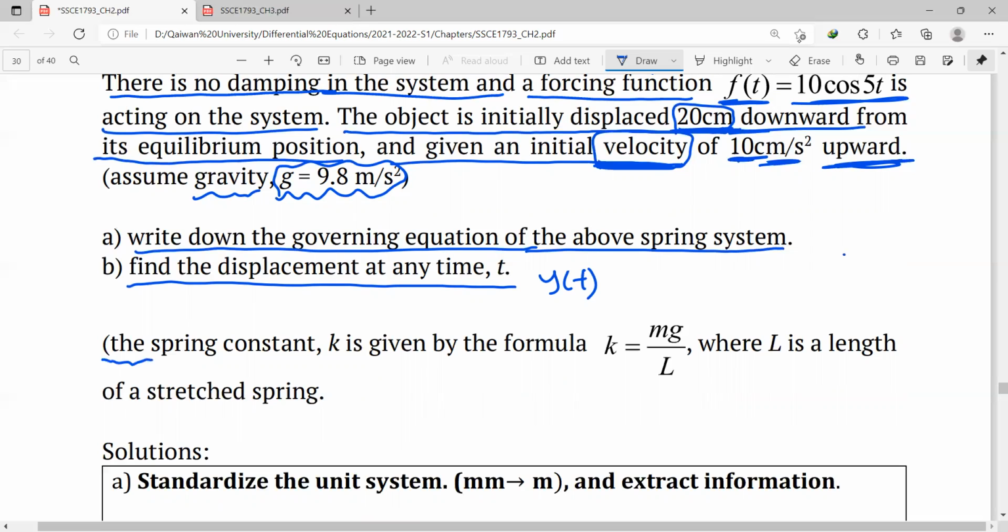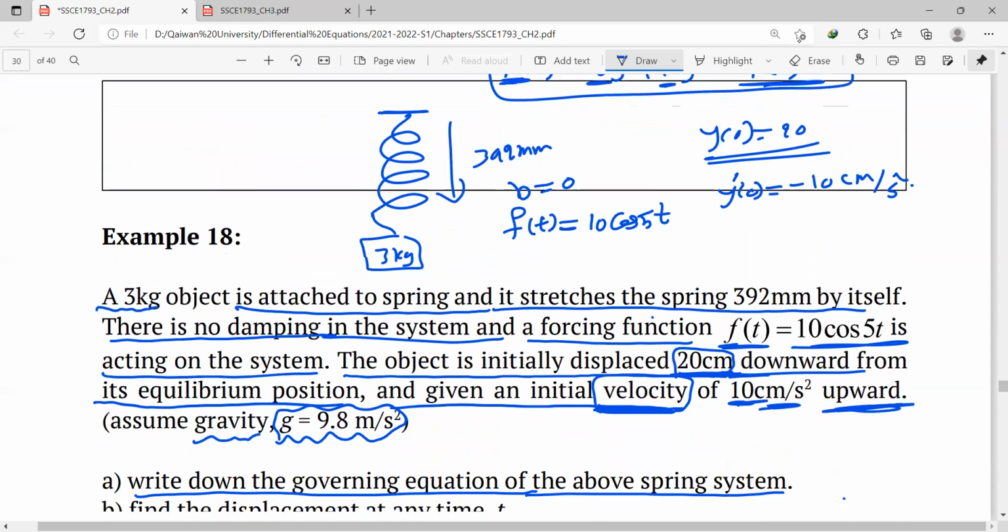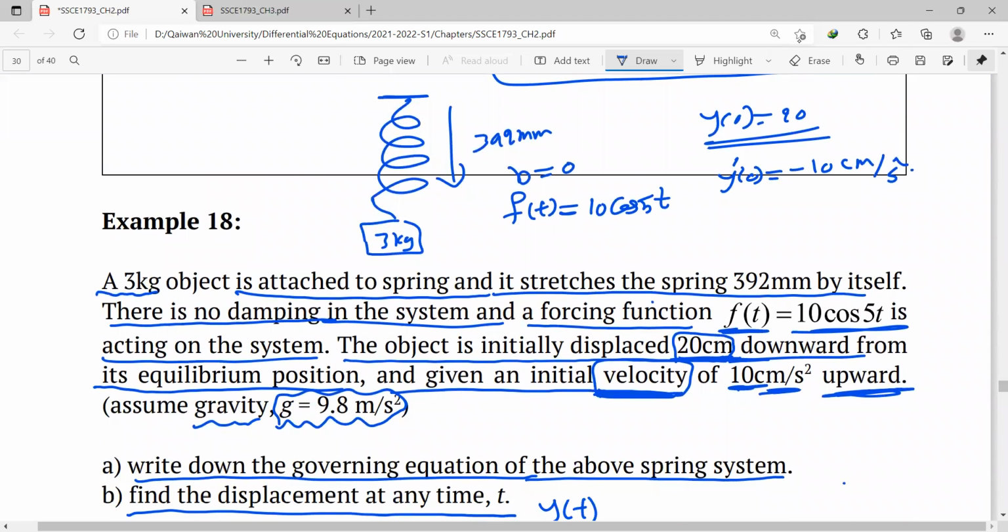And also it says, as a note, the spring constant K is given by K equals mg over L. Here, L is the length of the stretched spring, g is given, which is 9.8, and M is the mass, which is 3 kilograms.